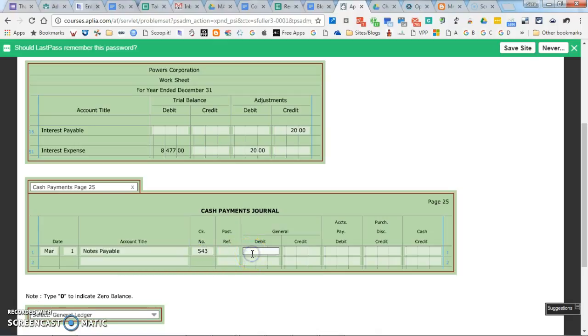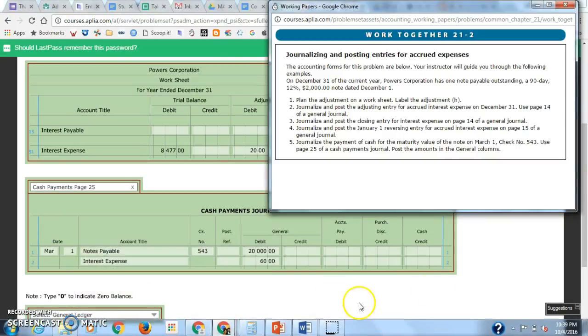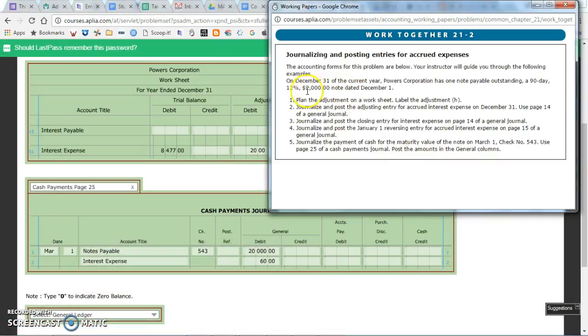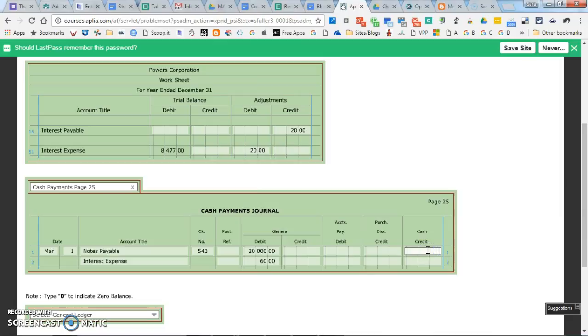It is a general debit of $2,000. And our second line is interest expense, a debit of $60. Remember to get this, you have to calculate the full amount. So 2,000 times 12% times 90 over 360. And so we add this together and get $2,060.